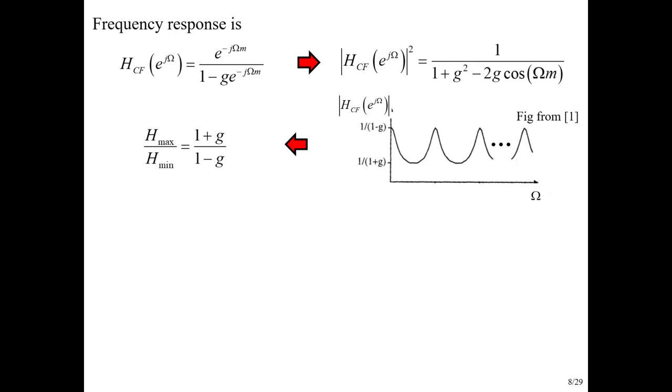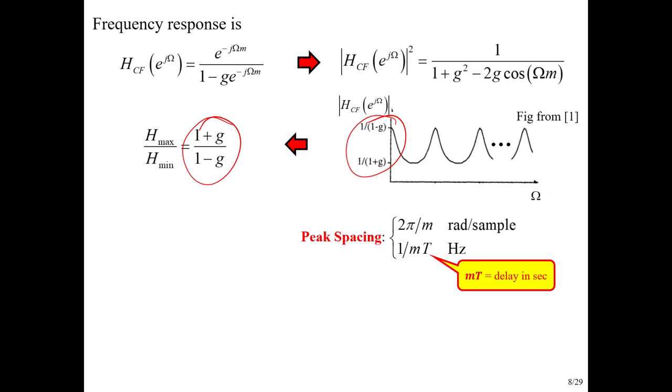G equal to 0 would make no sense, would it? And so if we look at the ratio of these things, we can find that that's 1 plus g over 1 minus g.